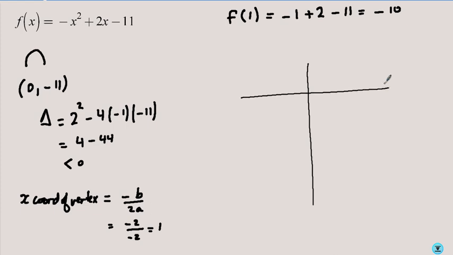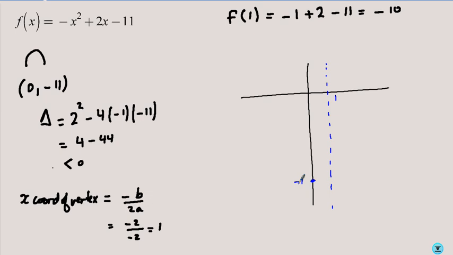I don't need the first or second quadrants. I will start by indicating the axis of symmetry at x equals 1. I know that (0, negative 11) is a point on the parabola, so let's say this is negative 11.